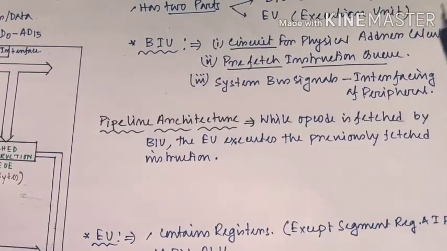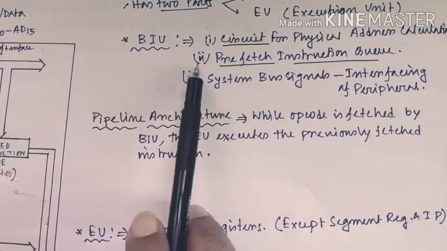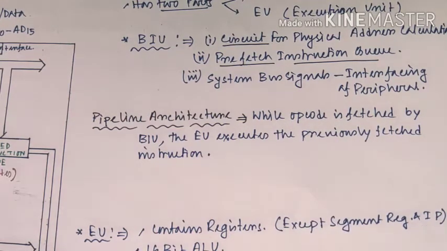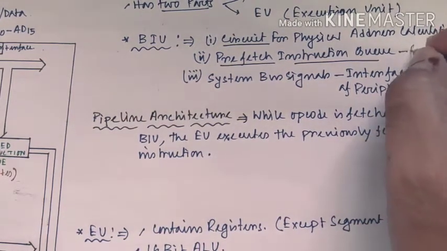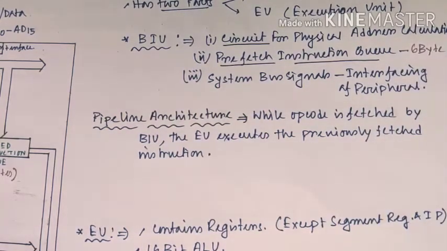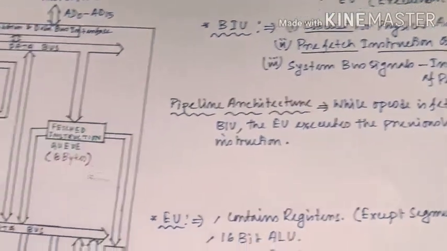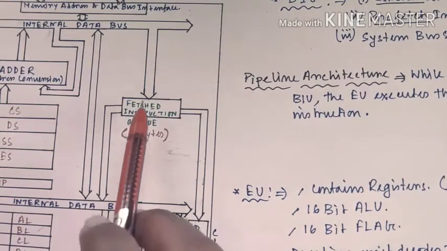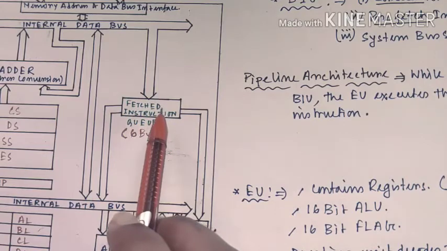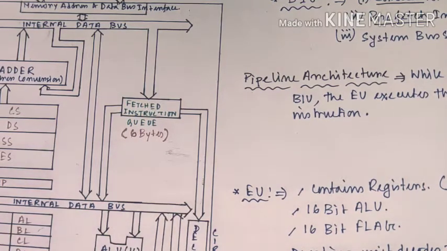Another very important function is that it holds the prefetch instruction queue. The length of this queue is 6 byte. So it has a 6 byte prefetch instruction queue. From the diagram probably you can find it. Here this particular block represents the prefetch queue whose length is 6 byte.